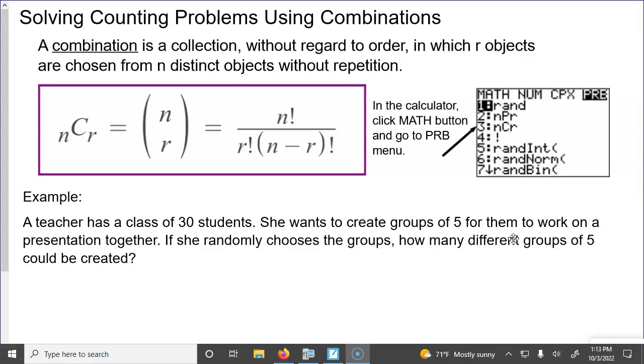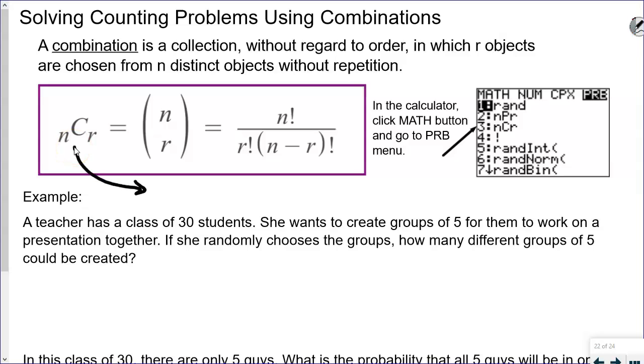Here with combinations, this is our formula, nCr, and the way we say it is "n choose r." From the larger group n, we're going to choose a certain number of items at a time, which we're calling r.